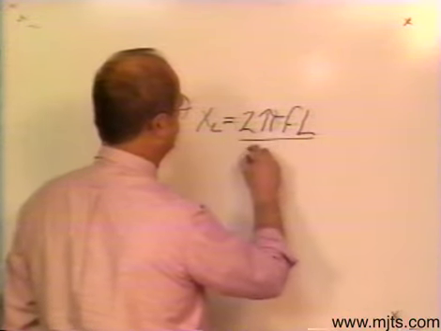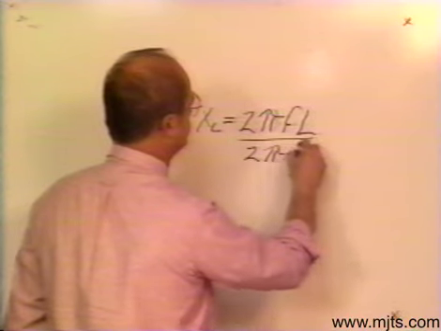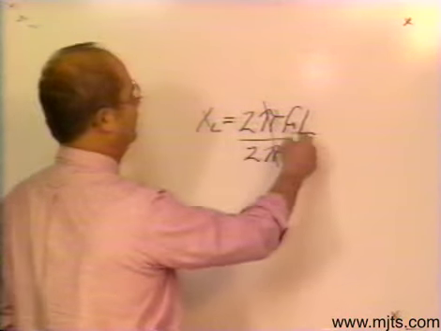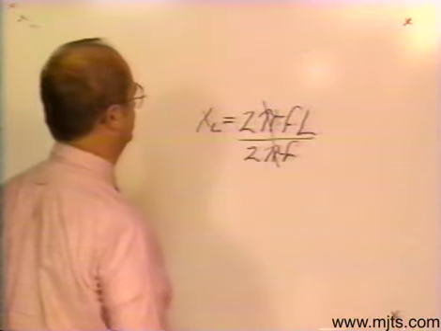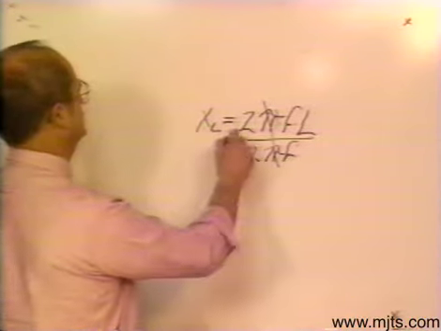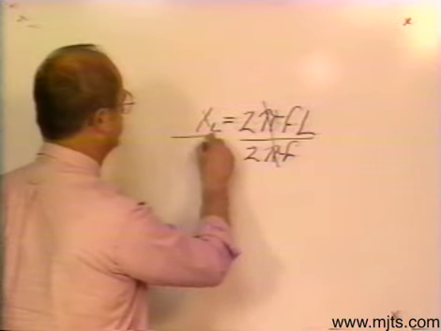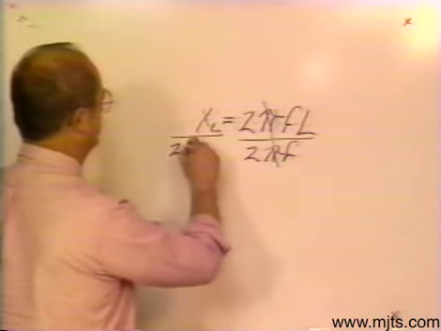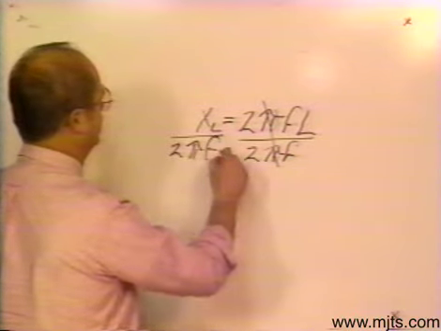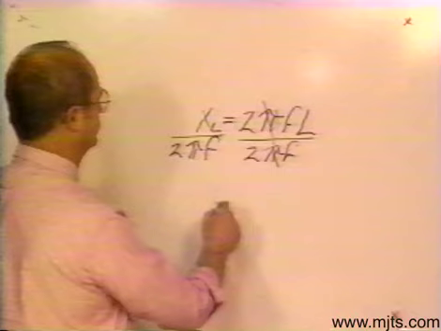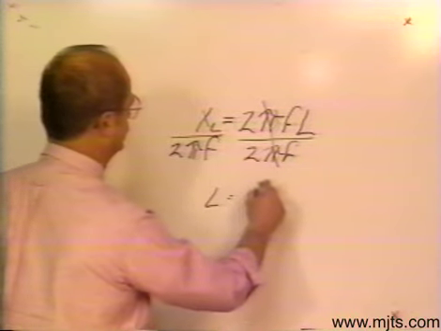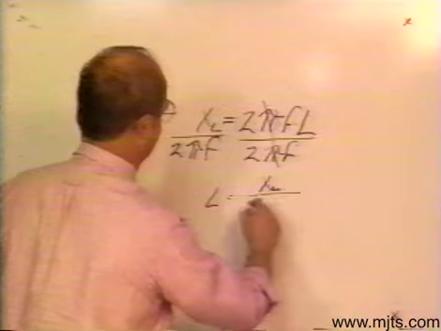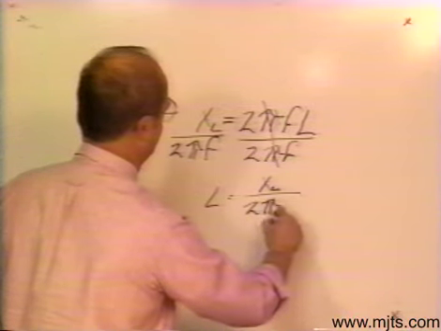All I would have to do is divide by all of those, and I would have L by itself on the right side of my formula. Of course, what am I missing here? If I do it to the right-hand side, I have to do it to the left as well. Then we would have a formula that would look like this. In other words, L is equal to X sub L divided by 2 pi f.